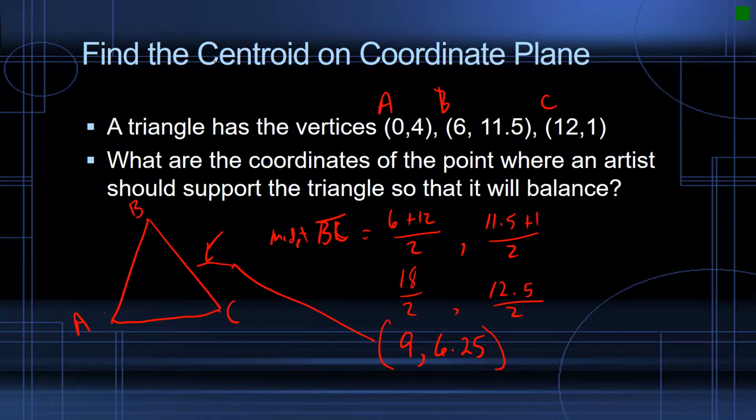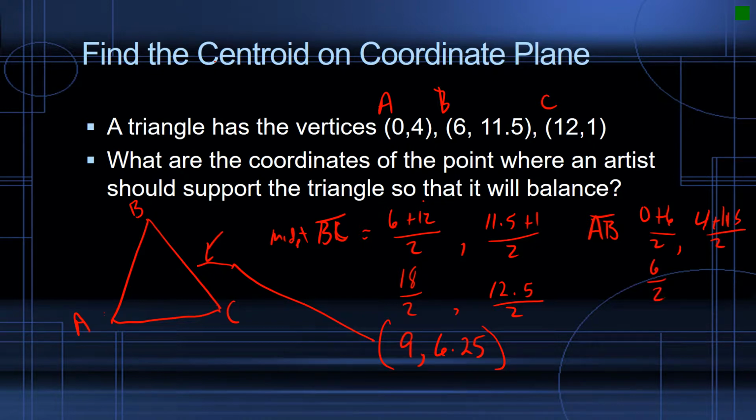And then I would do the same thing to find the coordinate for AB, which is where the median from C is going to end, and then also AC. I would just repeat the same thing. Well, let's just do it. Let's do AB. Find the midpoint of segment AB. I'm going to take (0 plus 6) over 2, comma, (4 plus 11.5) over 2.